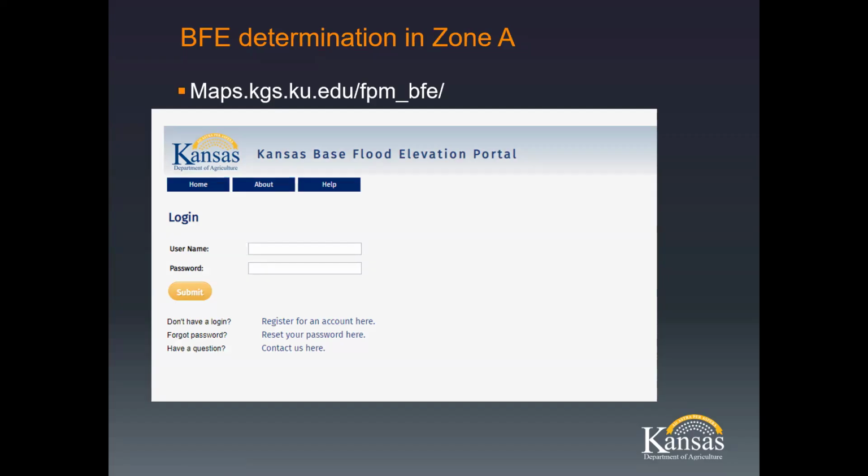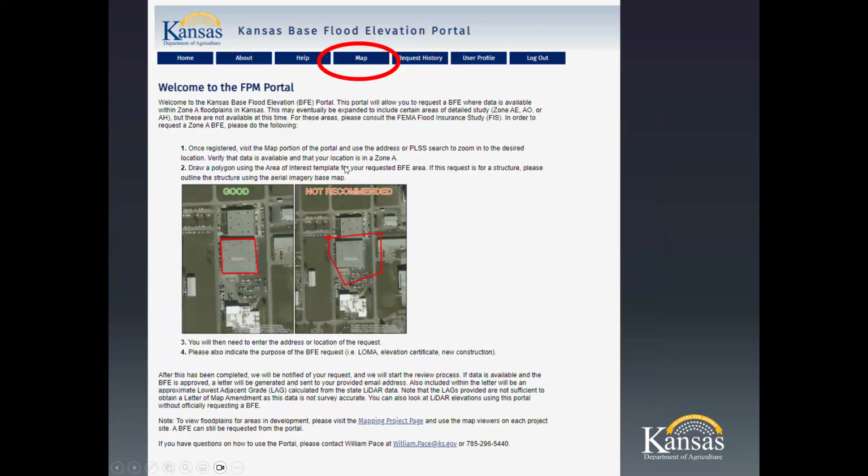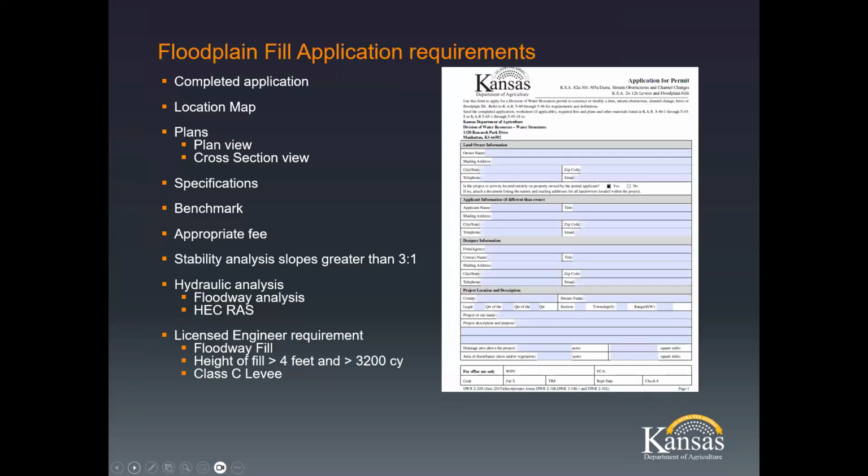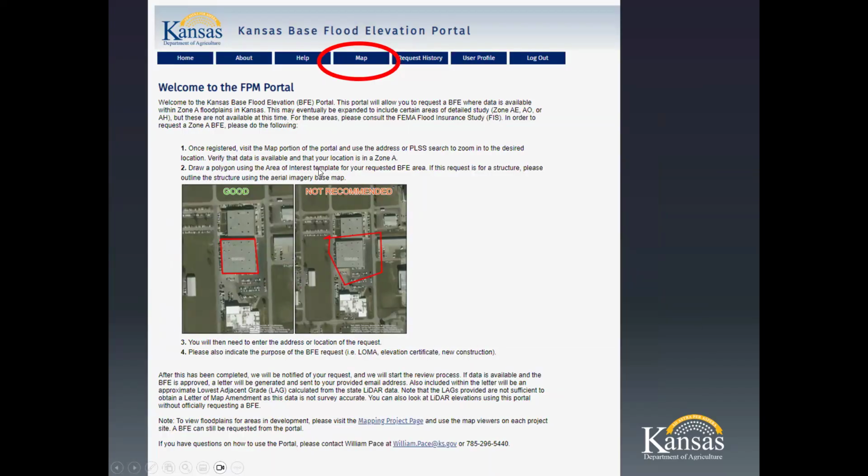You create an account, then you can put your address in the map, and you can get a BFE determination in a Zone A floodplain. For my fellow civil engineers, you can also request the effective model for hydraulic analysis through this site.